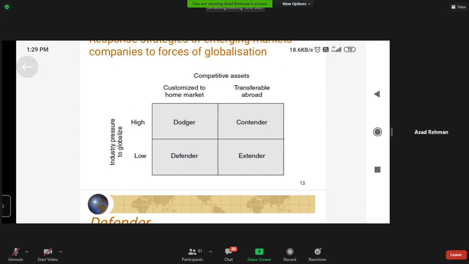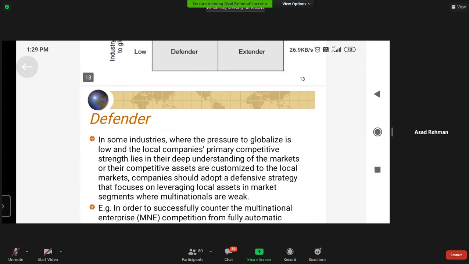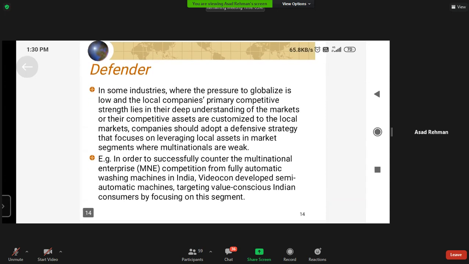There's not much pressure by the industry to globalize, and the product is customized to the home market. So it creates a situation where the organization or the firm just tries to defend its present position in the market.